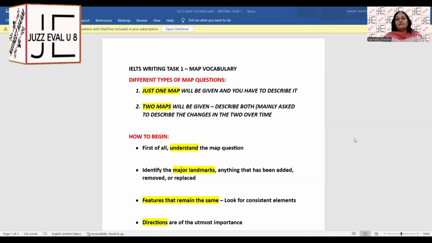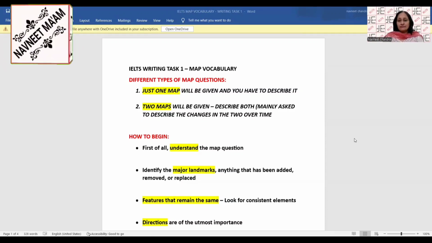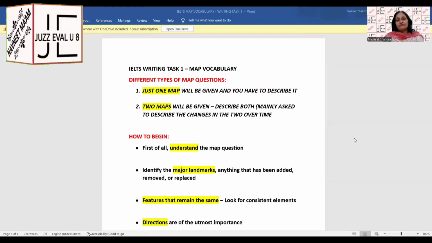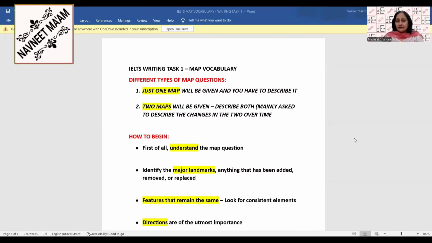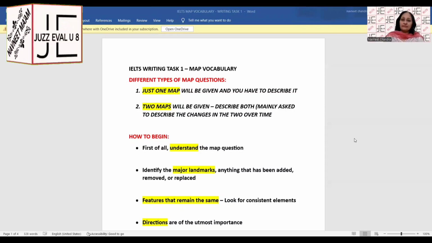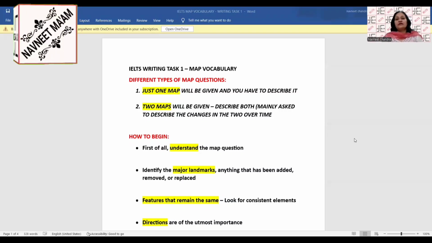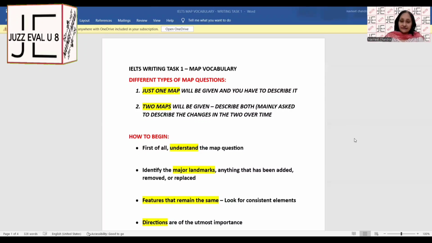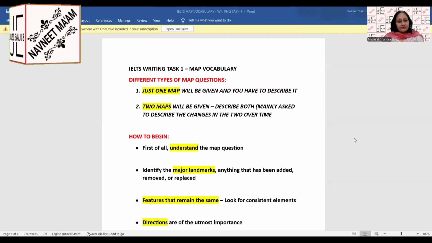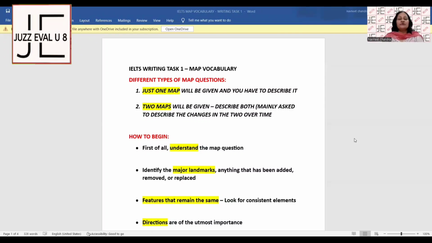Okay, so let's begin. How to use the map vocabulary and what sort of vocabulary should you use? Firstly, you should know what type of map questions come. Either you can just get one map and you'll be asked to describe it, maybe its major landmarks or the landscape. Next, there will be two maps, so you have to make a comparison between the two.